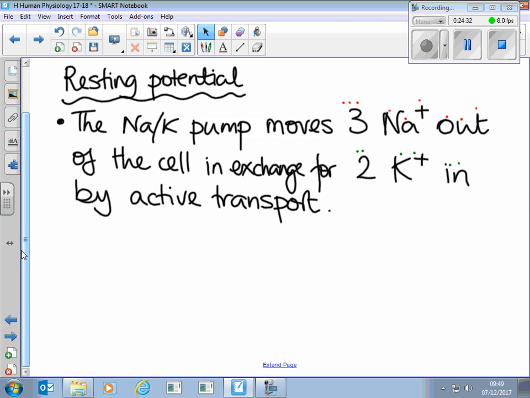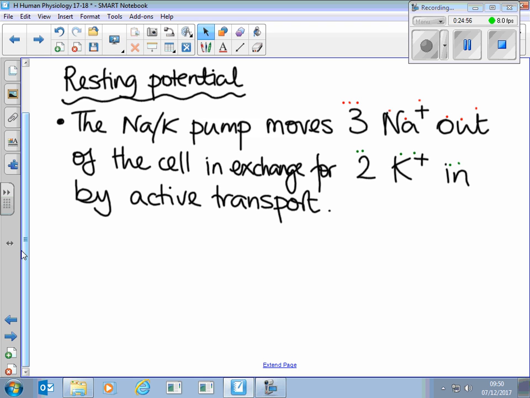So you have to have protein channels that have got positive and negative bits of their own that will allow them through. There are two separate ones: sodium channels and potassium channels. But these are not just ordinary channels that let them flow through at any time. They are gated, meaning you can open and close them.